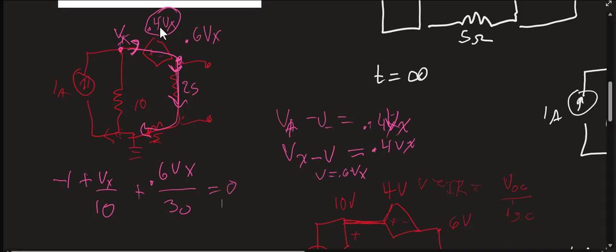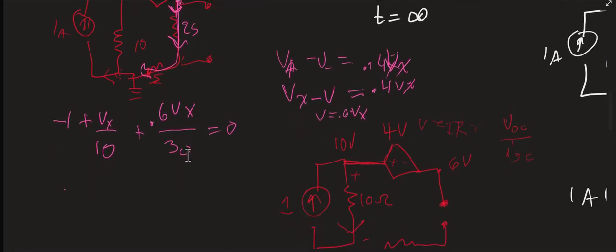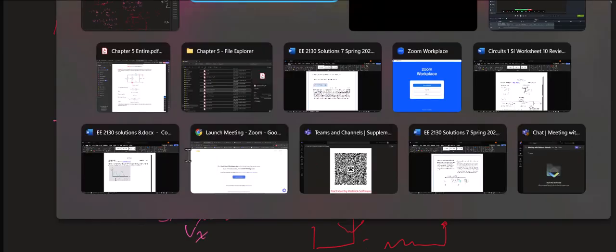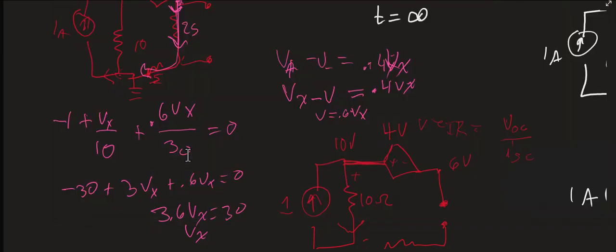And now if I multiply through by 30, I get negative 30 plus 3 Vx plus 0.6 Vx equals 0, or 3.6 Vx equals 30, or Vx equals, do I not have a calculator open? I don't.